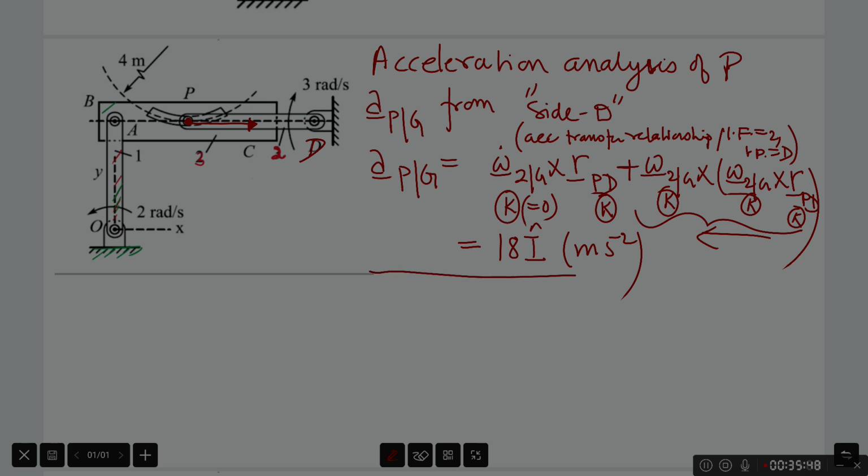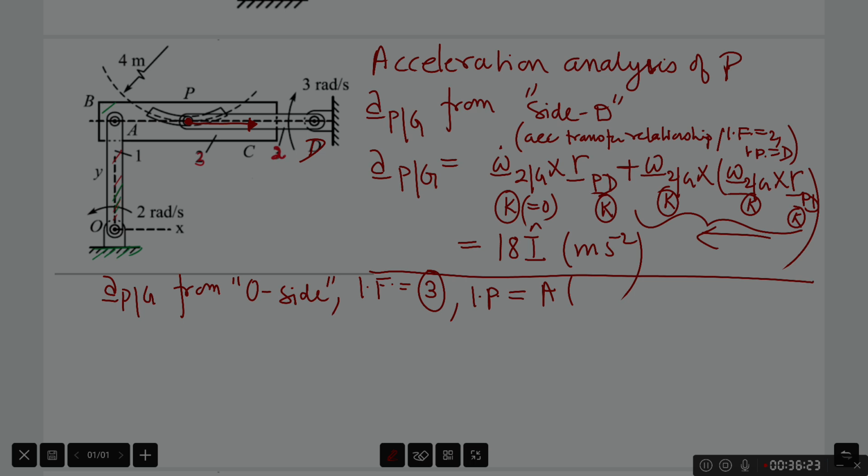Okay, so this is the first step of the acceleration analysis of point P. Next step is to write APG from O side. Like what we did when we were trying to find VPG from O side, I am going to choose an IF which will be frame 3 and an IP which will be point A, and write APG.